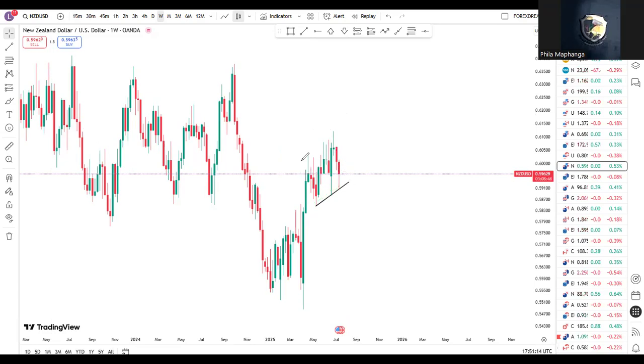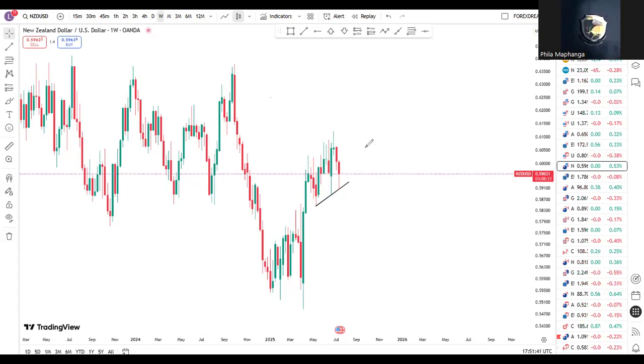So what happened? What do you guys see here? The trend line, a rejection.